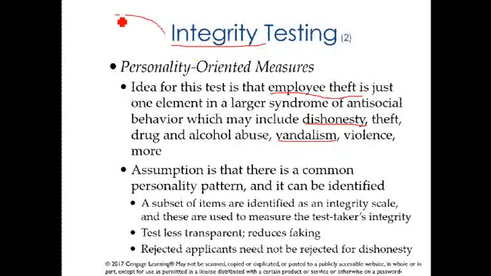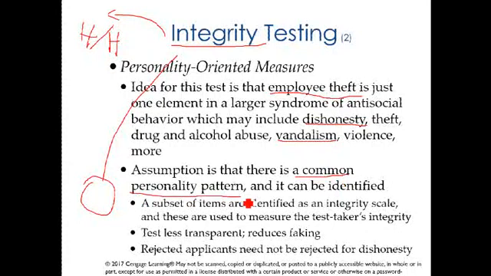So this can include testing for things like honesty and humility, or you can use another underlying bunch of items that get at integrity. Basically, there's a common personality pattern underlying these bad behaviors that can be identified.